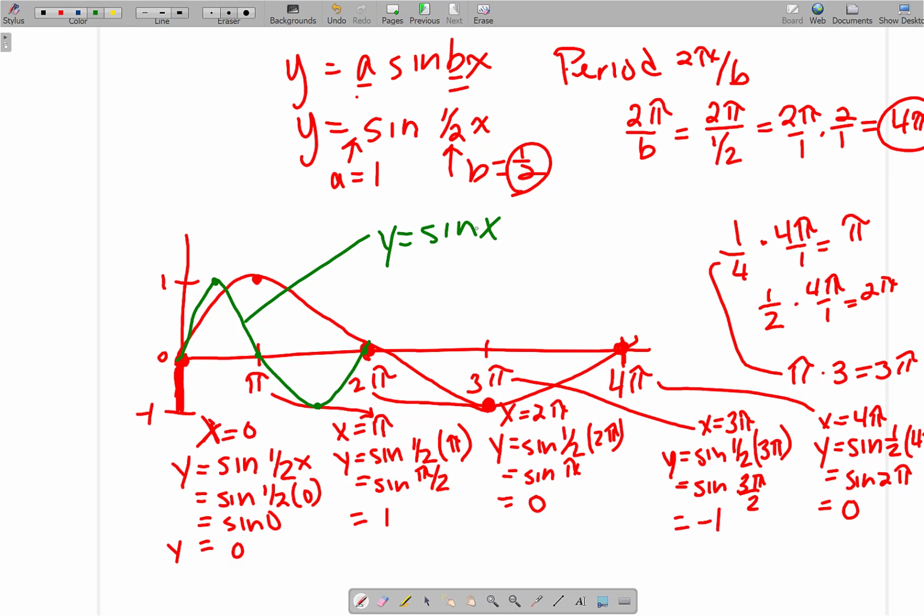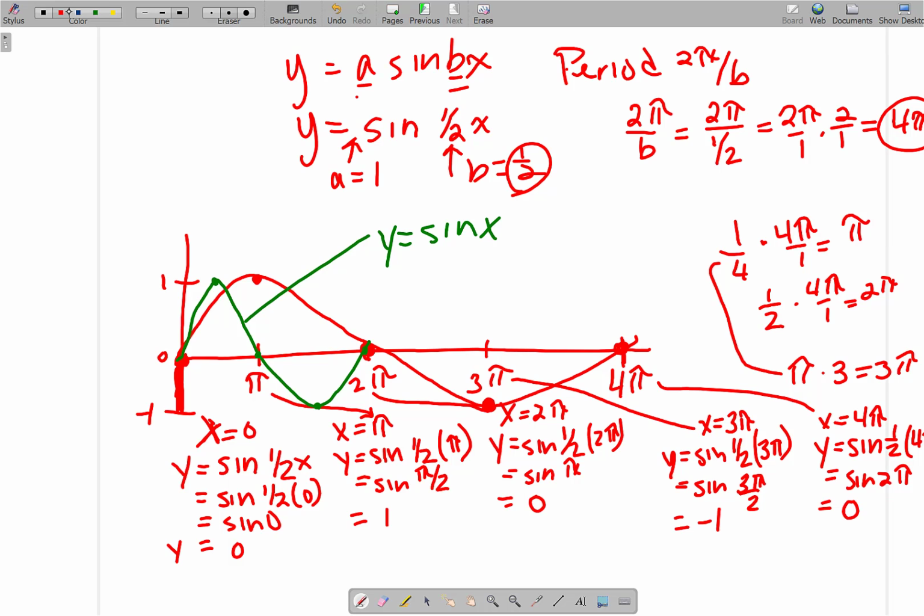But notice now our new graph, y equals the sine of 1/2 x. It actually stretched it out. So the b is kind of backwards. The smaller b gets, the more it stretches it out long. And the bigger b gets, the more it'll push it in. So it's kind of backwards that way. So this red graph is the graph of y equals the sine of 1/2 x.